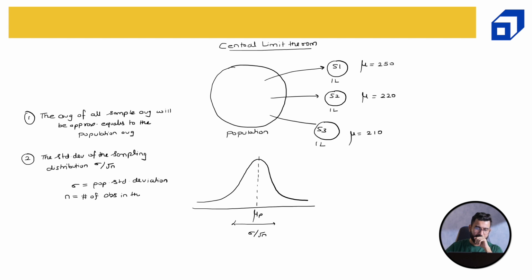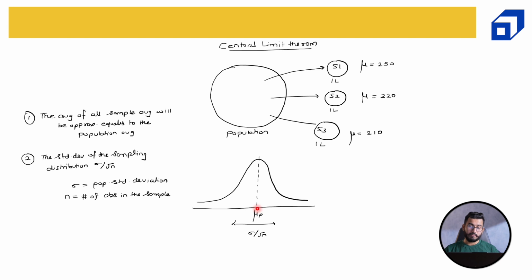So the central limit theorem states that the average of all these sample averages, from the multiple samples I have taken from my population (1, 2, 3 and so on), will be closely equal to the population mean.